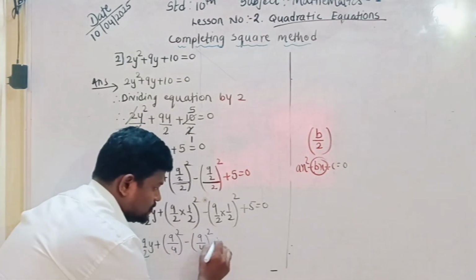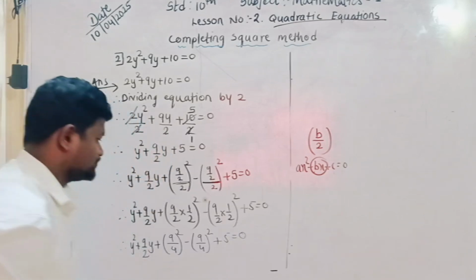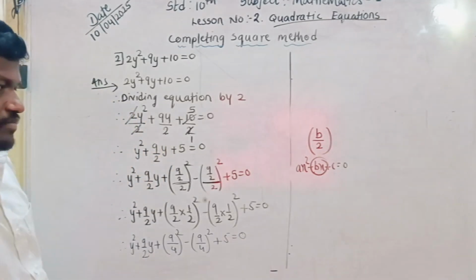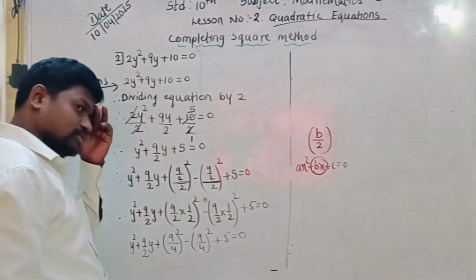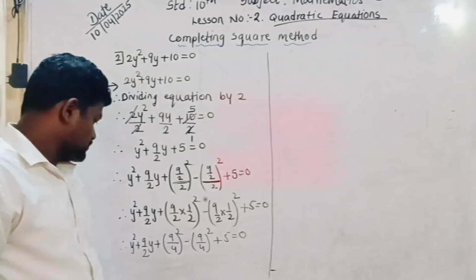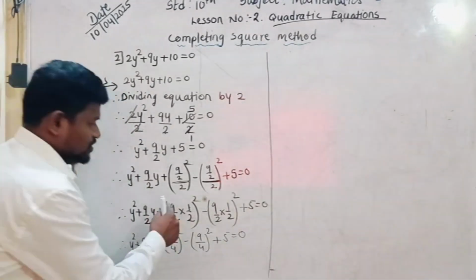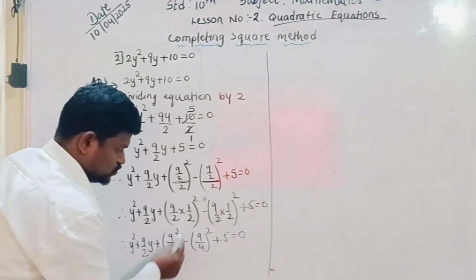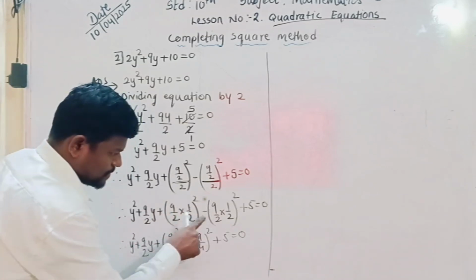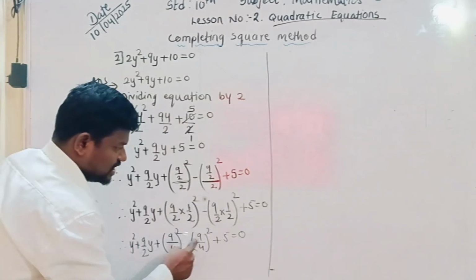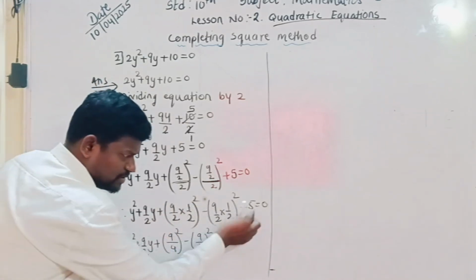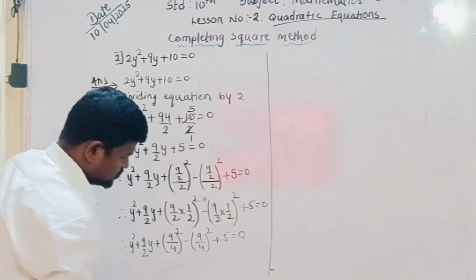Same for here. Okay, see, 9 into 1 is 9, 2 twos are 4, bracket square, minus 9 ones are 9, 2 twos are 4, bracket square, plus 5 as it is, equal to 0.